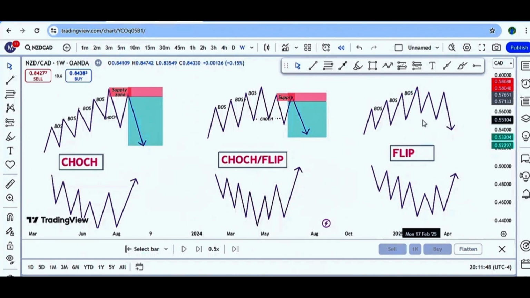Now I want you to pay more attention and see the differences here. Some people are telling me there's no difference between choke and flip, and I'm trying to tell you that there are a lot of differences that you're not seeing on the chart.